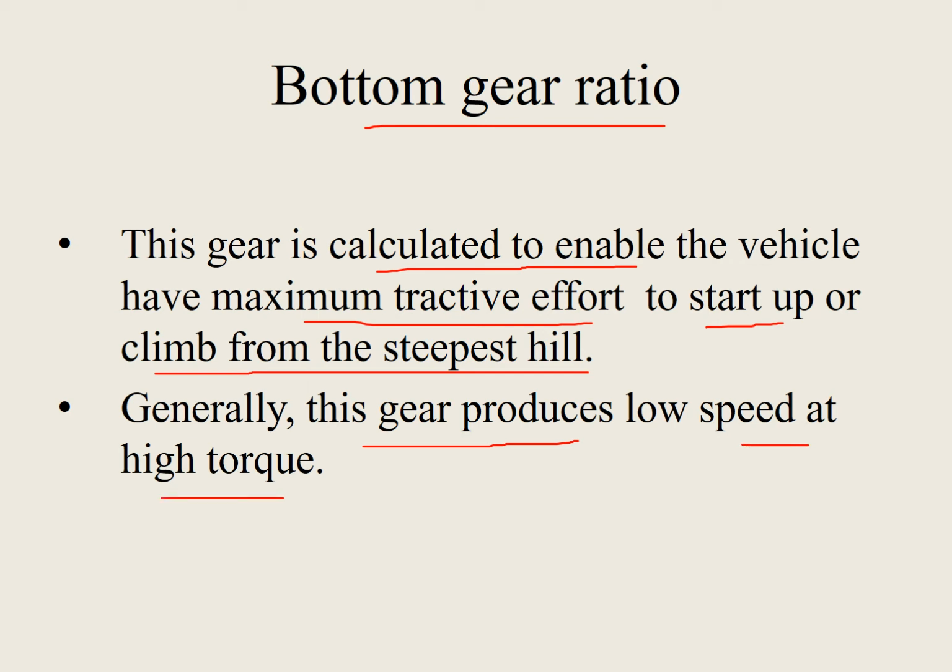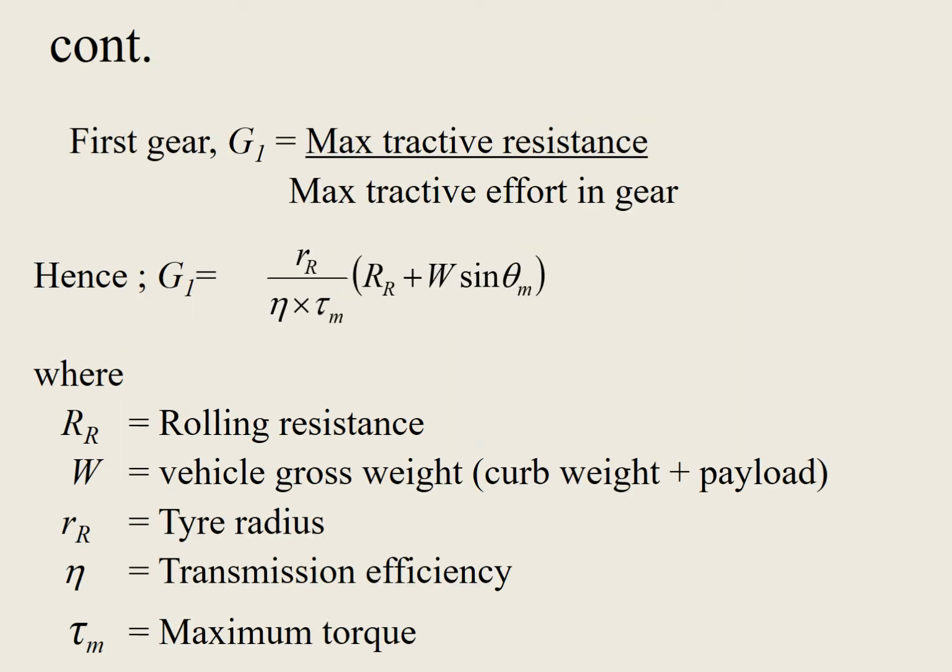So at low speed, we need a high torque to move the car or to accelerate to climb the hill. Okay, the calculation for the bottom gear can be obtained from the first gear, the maximum tractive resistance.